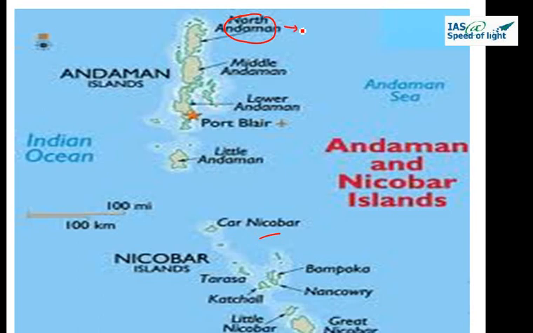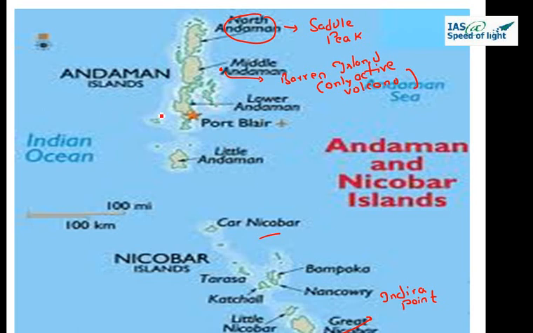Indira Point, here you have Indira Point, the southernmost point of the Nicobar Islands, or the last point of India as well. And here we have Barren Island, which is the only active volcano in South Asia, and it's a part of the Andaman group of islands. So Barren Island, only active volcano.